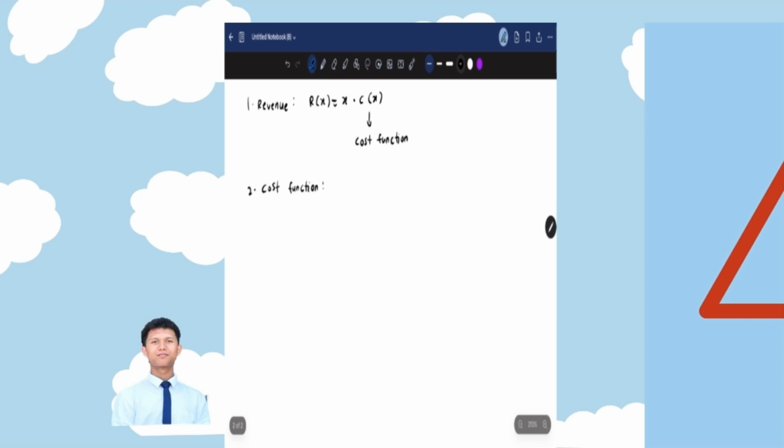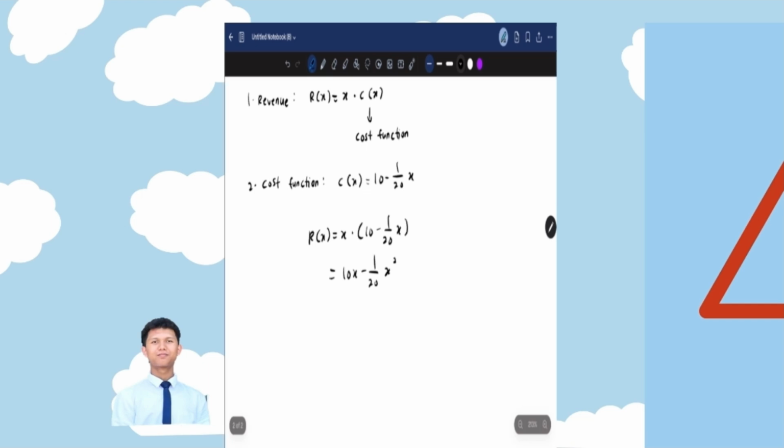The cost per pound of strawberries is C(x) equals 10 minus 1 over 20x. So the revenue is R(x) equals x times (10 minus 1 over 20x), which results in 10x minus 1 over 20x squared.